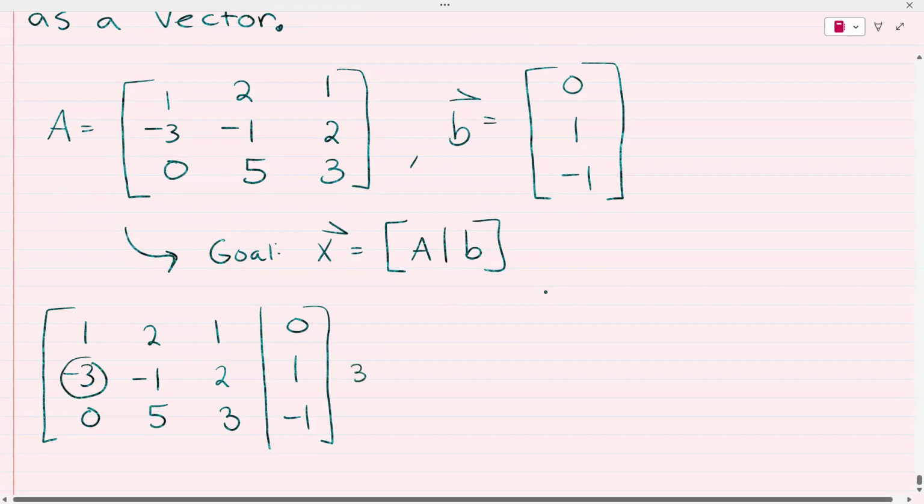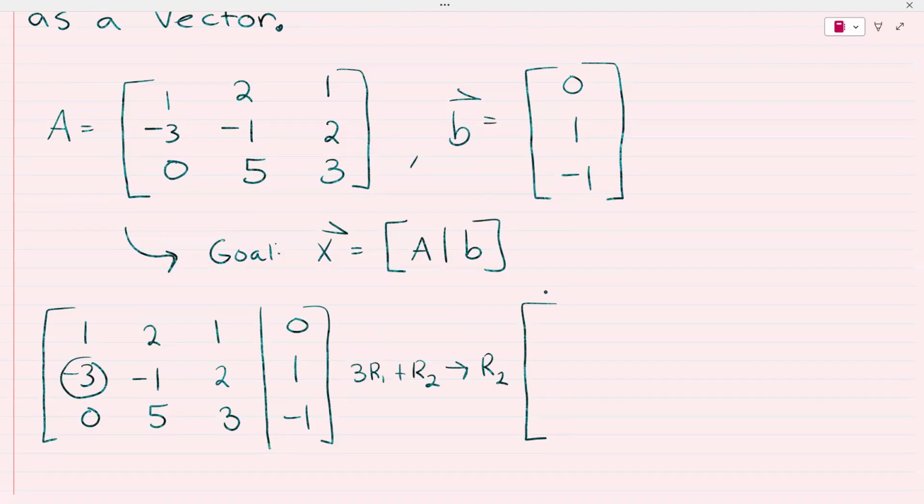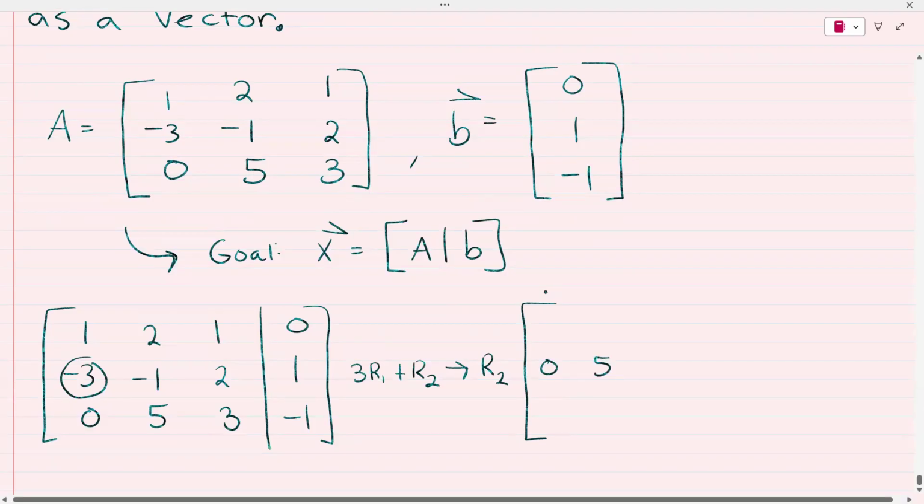I'm going to multiply 3 times row 1 plus row 2, and that will give us the new row 2. You can pause the video and do the work, but I already did it, and you get 0, 5, 5, and then this would be 1. We didn't change row 2 or 3, so it's going to be 1, 2, 1, 0. And then this is going to be 0, 5, 3, -1.